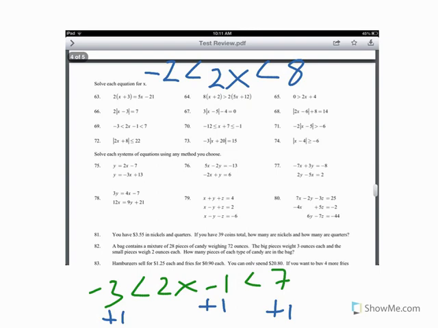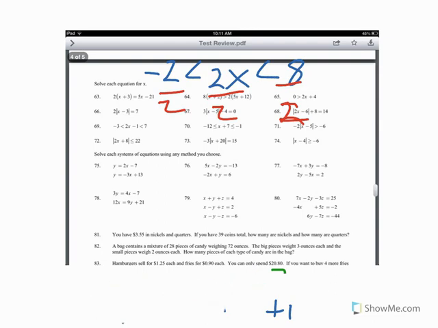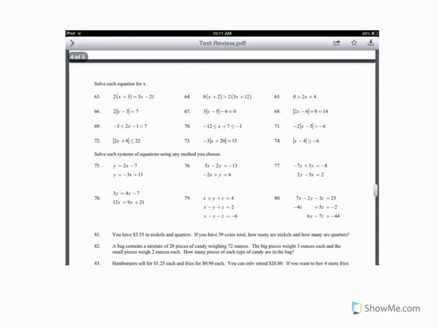Now I'm just going to divide each side by 2. Once again, I didn't divide by a negative, so my inequalities are not going to flip. But if I did divide by a negative, my inequalities would flip. It's going to be negative 1 is less than x, which is less than 4. And that's my answer.